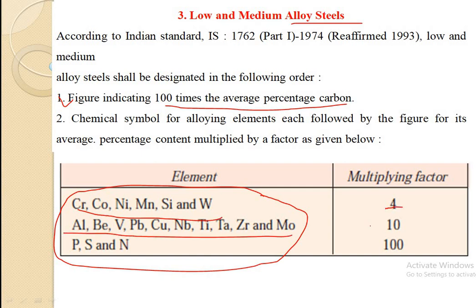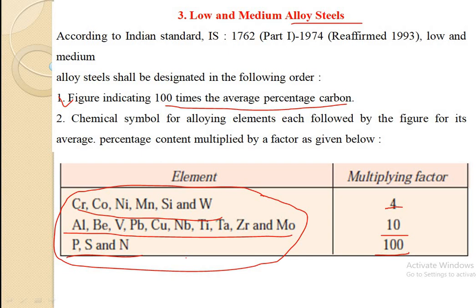If you get any one of these as an alloying element in mild steel, then the multiplying factor is 4. If you get any alloying element from this group, then the multiplying factor is 10. And if you get any alloying element from this group, then the multiplying factor is 100. You have to remember these multiplying factors by heart for the different types of alloying elements.